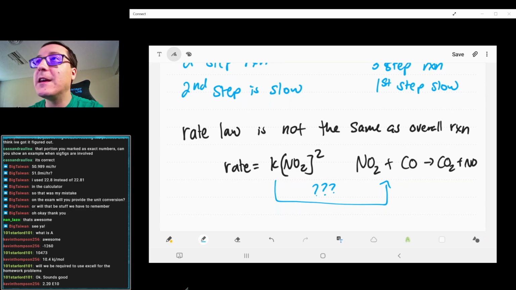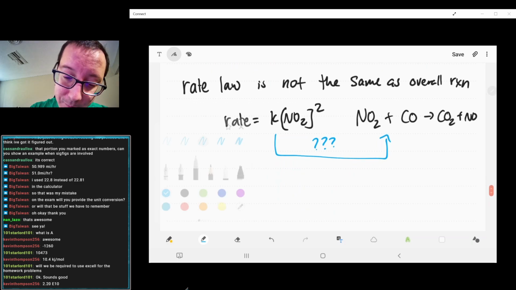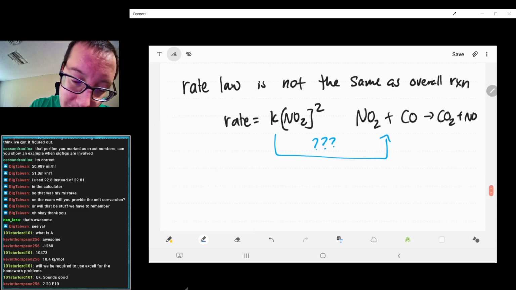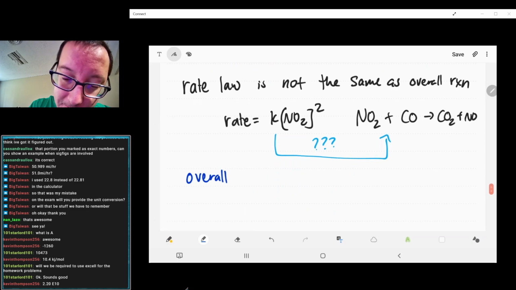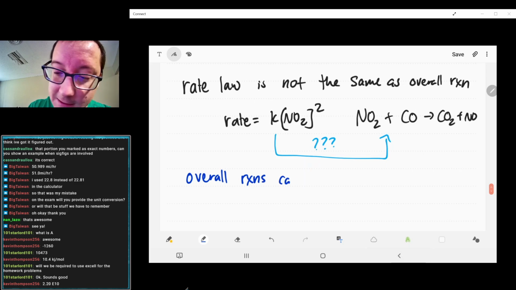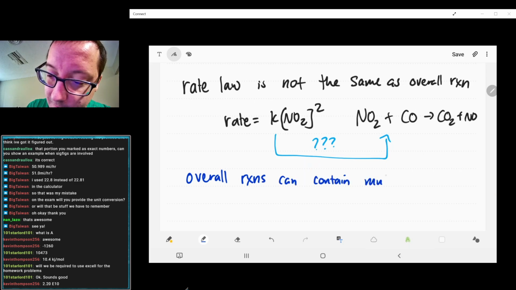But just like we did with Hess's law, overall reactions can be broken up into multiple steps. Overall reactions can contain multiple steps.